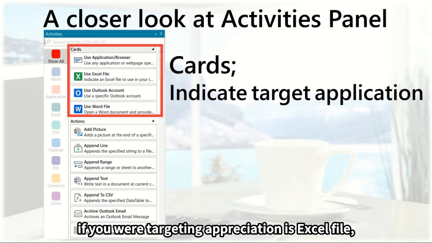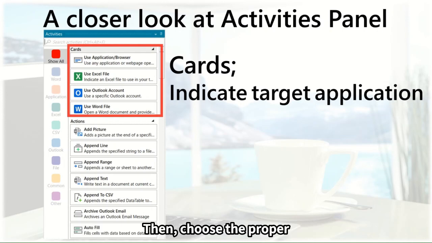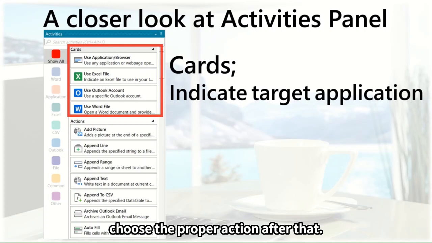If your targeting application is an Excel file, firstly you need to put the Excel file card. Then choose the proper action after that. Same for other applications. If you're gonna use Outlook Mail, you put the Outlook card first, then choose the next action to program.